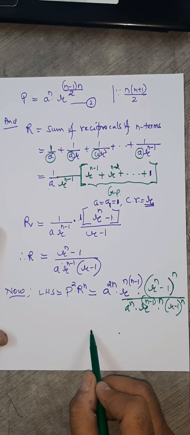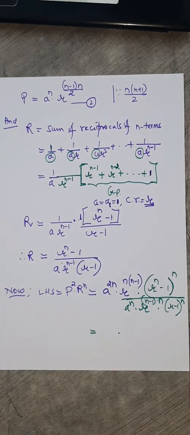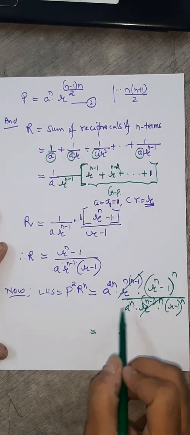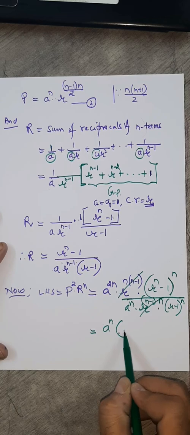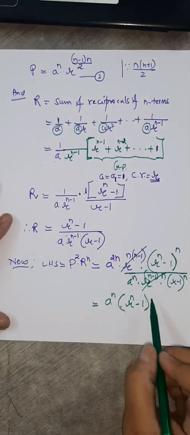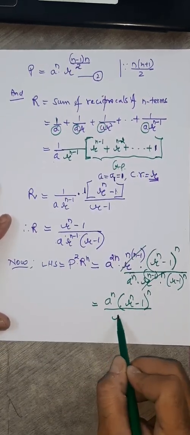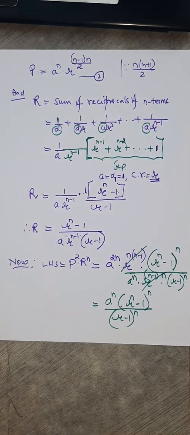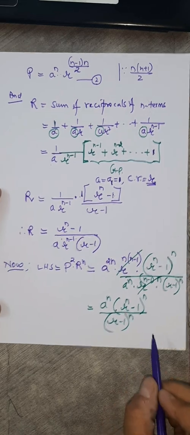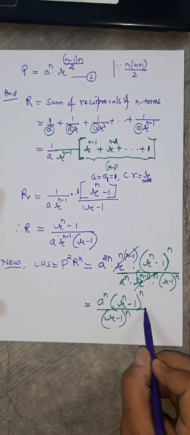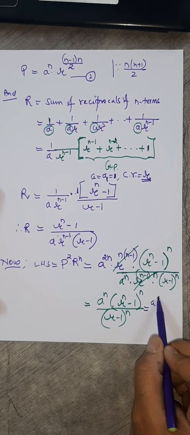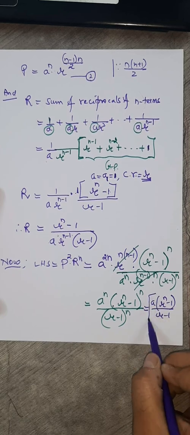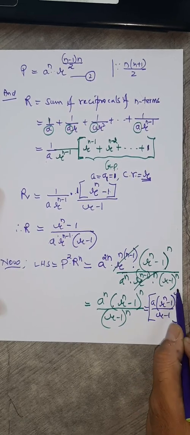You will see that here a number of things will get cancelled. This term will get cancelled with this. Here you are left with just a raised to n. This is r raised to n minus 1 the whole raised to n upon r minus 1 the whole raised to n. Now what is this? This is nothing but a into r raised to n minus 1 upon r minus 1 the whole raised to n.